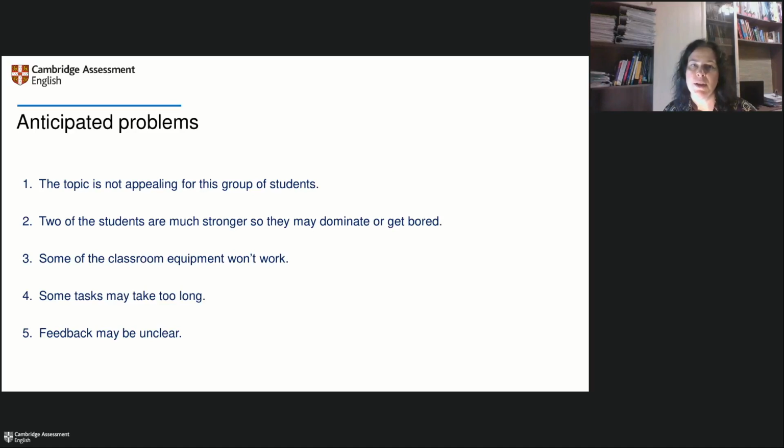Two of the students are much stronger, and I don't know if you have an issue of dominant students or those who can get easily bored. Extra tasks, okay. There is a danger if they're given extra tasks that they might be even more bored.